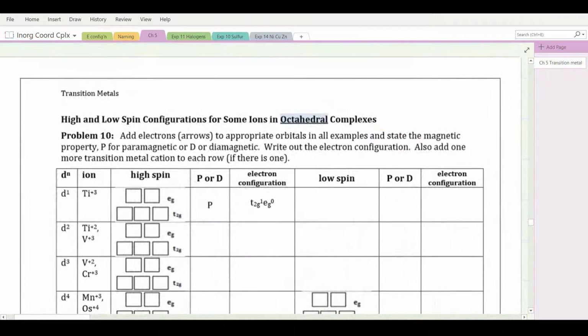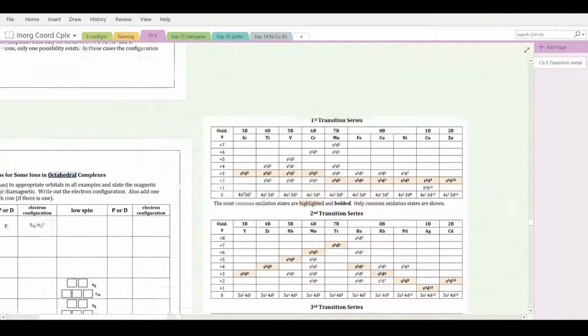Page 192. High and low spin configurations of some ions in octahedral complexes. This will take shape as we go through this. So titanium 3 has a d1 electron configuration. Now, I'm just giving you these, but you can refer back at any time.